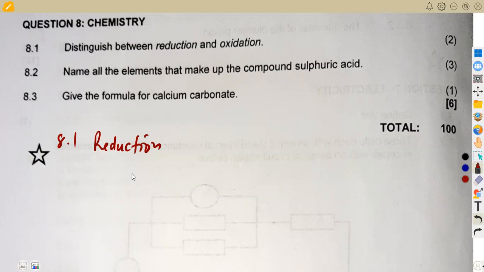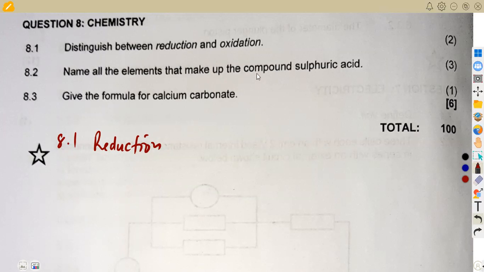Guys, if you are dealing with chemistry, don't think that it's the chemistry you worked with at grade 12. No, it's not like that. The chemistry part is simply the basics that you are supposed to understand.